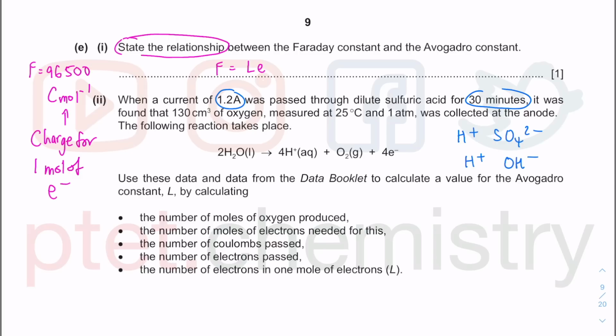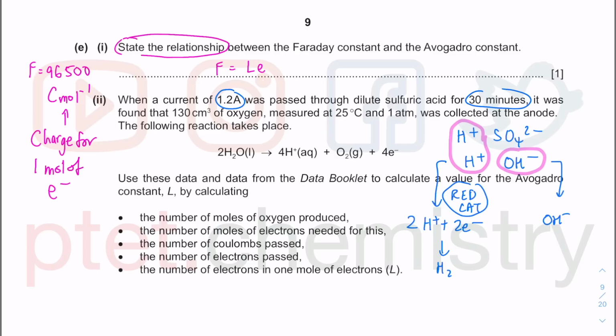So the H+ is going to be discharged at the cathode, that's the right word. Between the hydroxide and the sulfate, it is the hydroxide that's going to get discharged. So the H+ takes 2 electrons to become H2. This will happen at the cathode. Reduction happens at the cathode for your electrolysis.